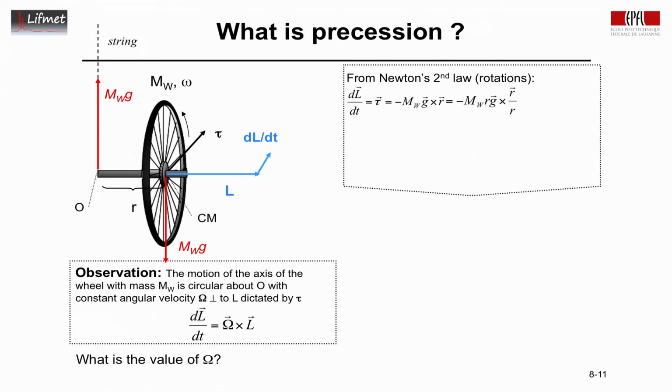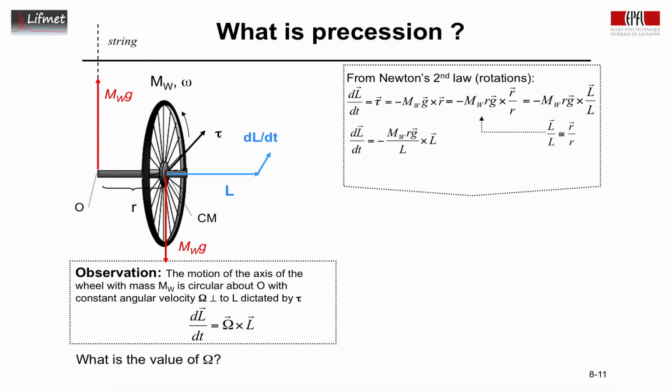Now I'll rewrite the equation here by dividing by the norm of the vector r and multiplying by its length. So length here, but I'll put it here. Now the vector r divided by its length is basically a vector that has unit length, so it's a unitary vector. And now I'll use the fact that the orientation of the axis of the wheel and the orientation of the angular momentum are largely collinear, so I can replace r over r with L over L, which is what we are now going to do here. And this gives us this equation here. So we now have replaced this term here by this term, and then we get this equation.